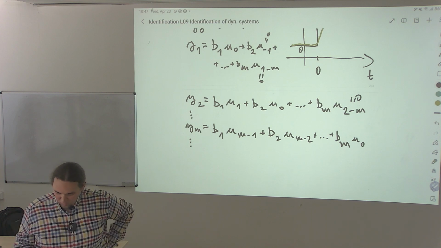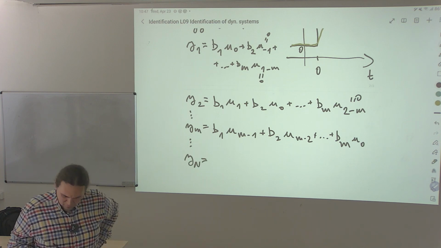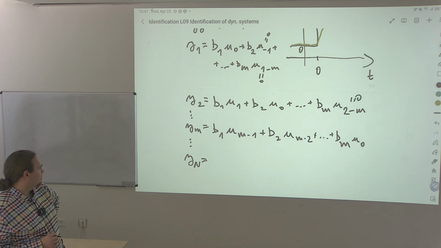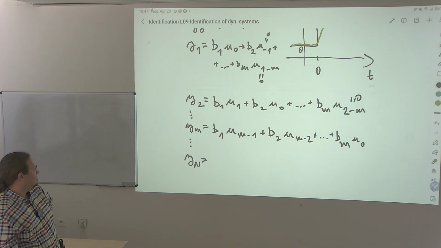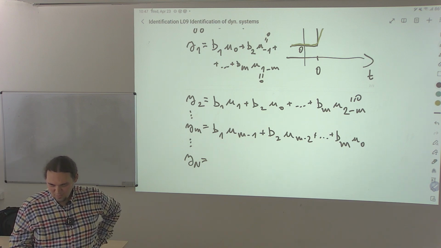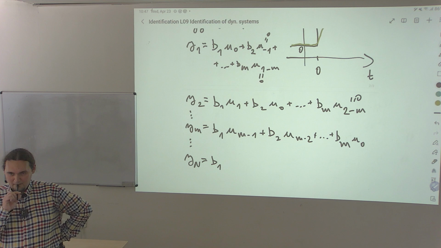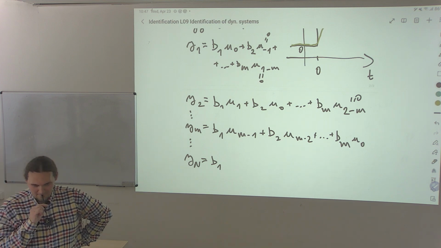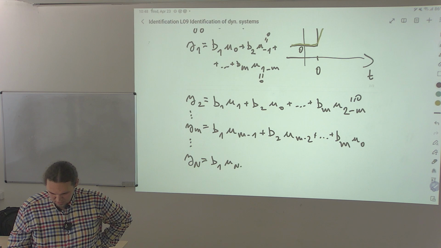We have the whole step response. So, even more generally, let's say we have capital N data points. How would that look like as a prediction? Un minus 1.